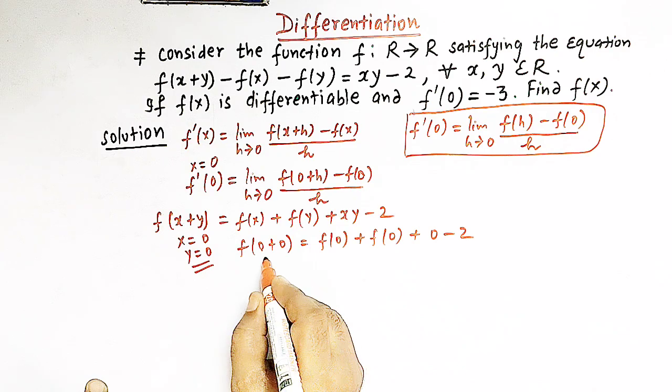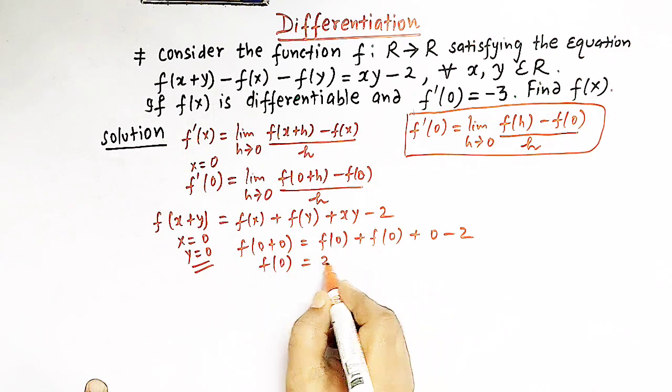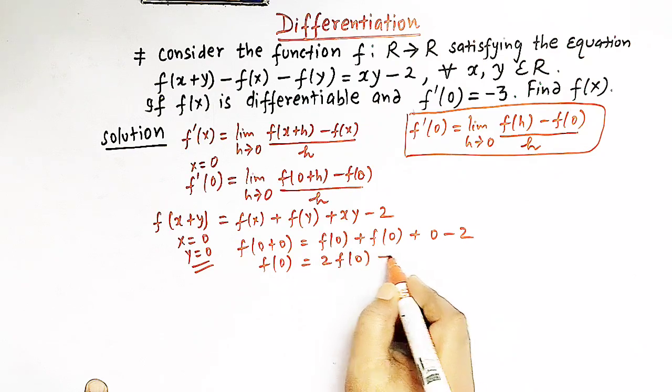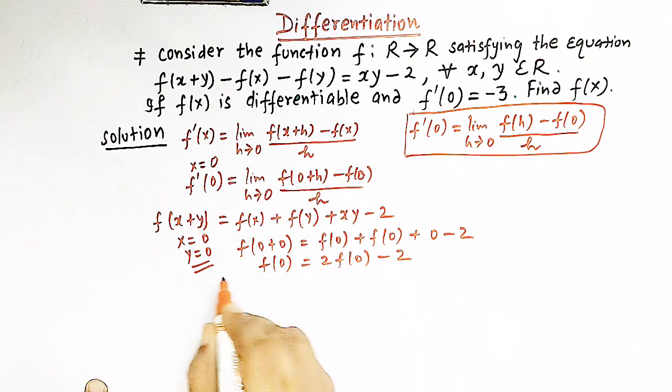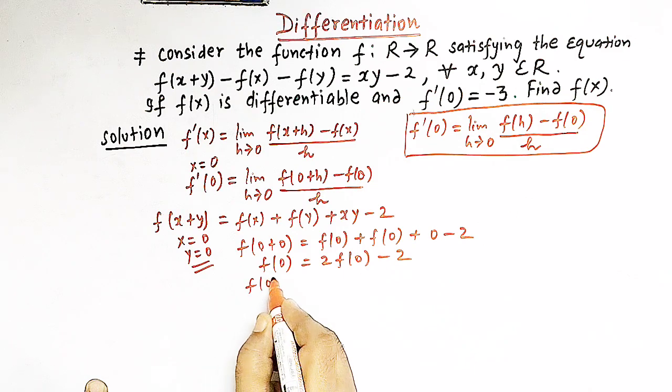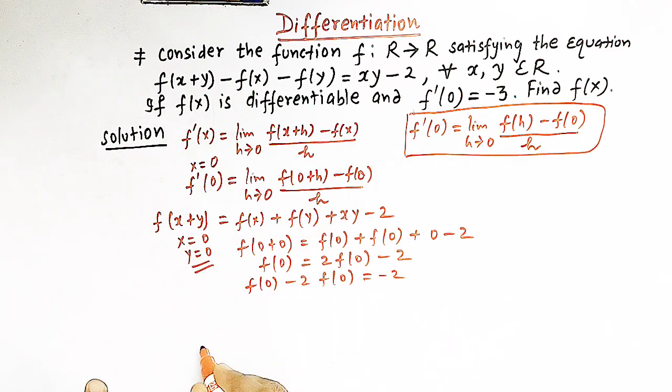So 0 + 0 is 0, here we have 2 times f(0) and -2. Taking 2f(0) to the left hand side, we have f(0) - 2f(0) = -2.